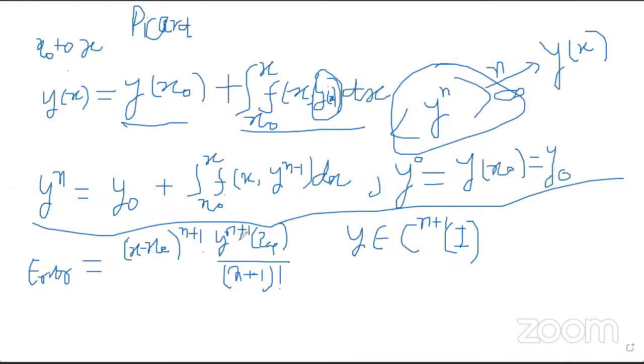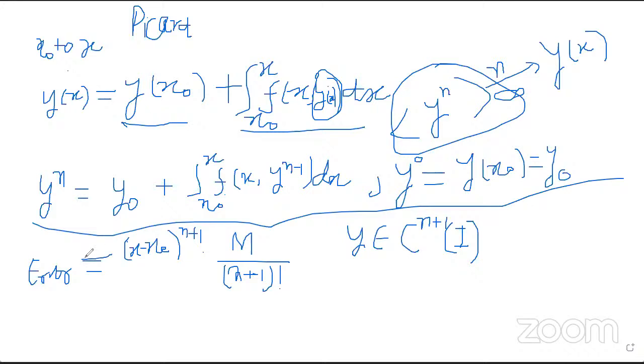Suppose the n plus 1th derivative at xi is bounded by M. Then we replace it by the bound, capital M, where capital M is the bound of the n plus 1th derivative, and this equality becomes an inequality.